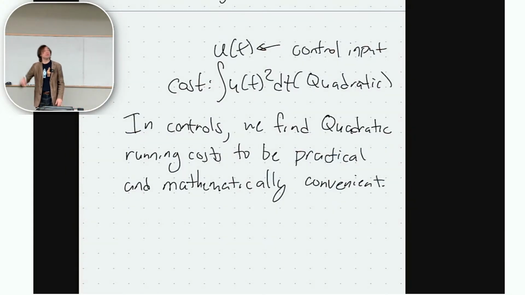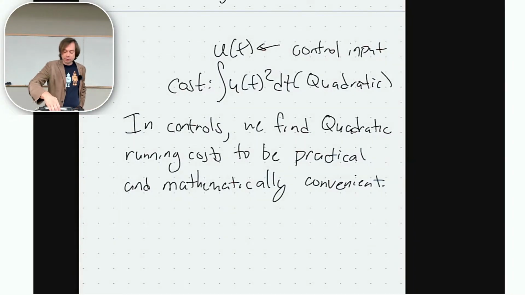Easy to take a derivative of a quadratic cost. Pretty easy to do. It's also smooth. There's no cusps, no non-differentiable points. It sure is nice for a number of different reasons. Okay, we're almost out of time.